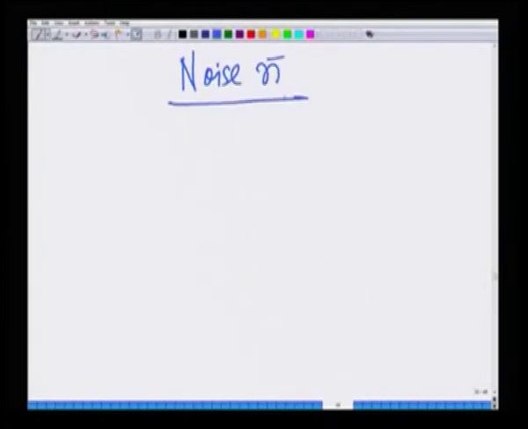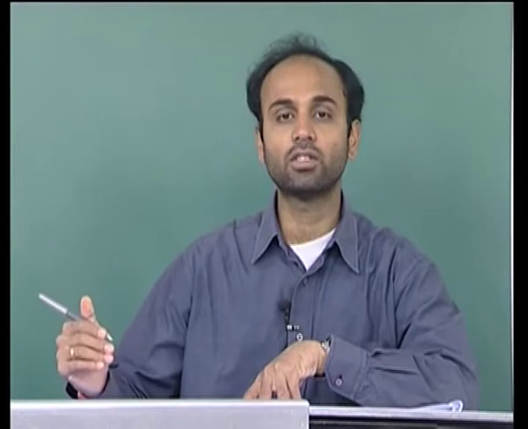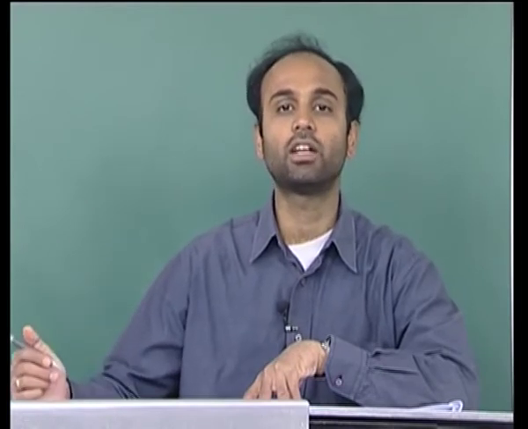We have said the noise is a vector n bar, which is given as n1, n2, and so on up to nr. This is an r dimensional vector, that is it has r noise components corresponding to the noise component at each receive antenna.